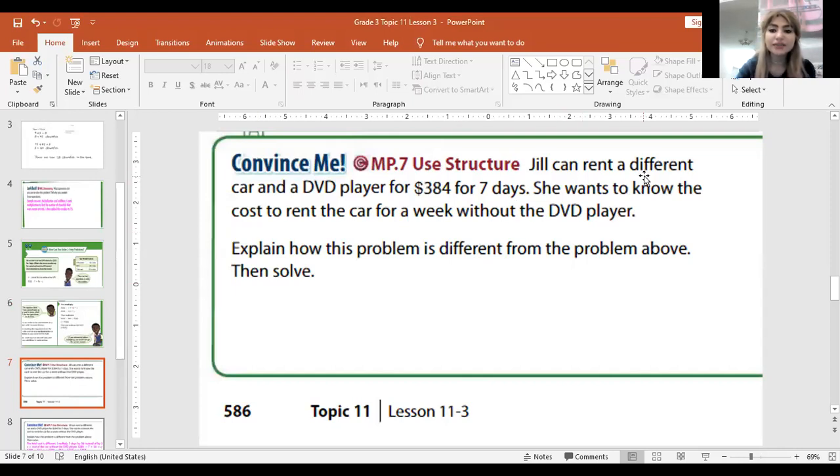Jill can rent a different car and a DVD player for $384 for 7 days. She wants to know the cost to rent the car for a week without the DVD player. Of course we are going to use the same equation, but changing numbers: $384 minus 7 multiplied by the cost of the DVD this time.